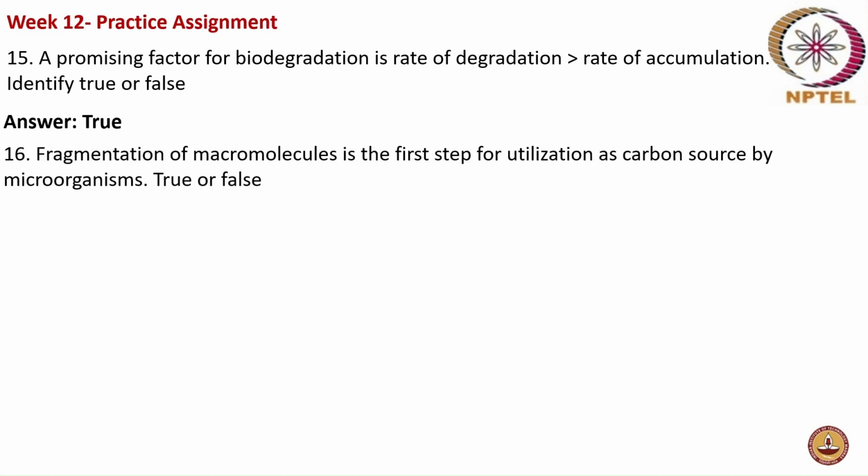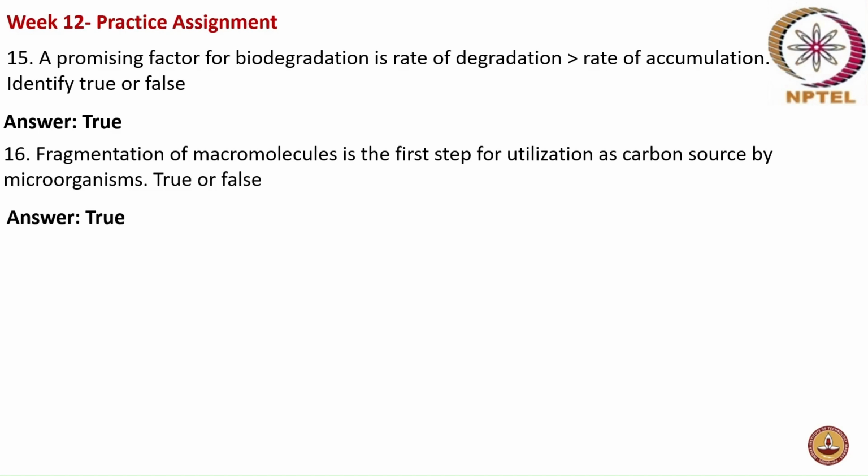Okay, next, fragmentation of macromolecules is the first step for utilization as carbon source by microorganism. So should the macromolecules get fragmented in order for the microorganism to use it as a carbon source and take it into the biogeochemical cycle? Yes.